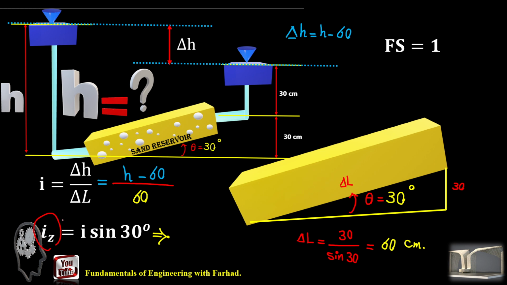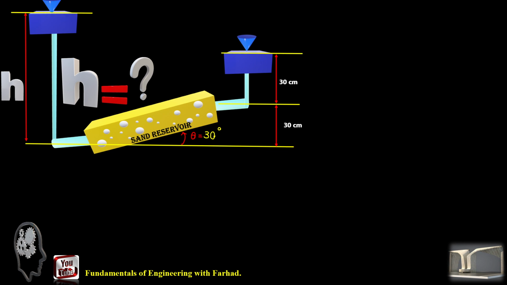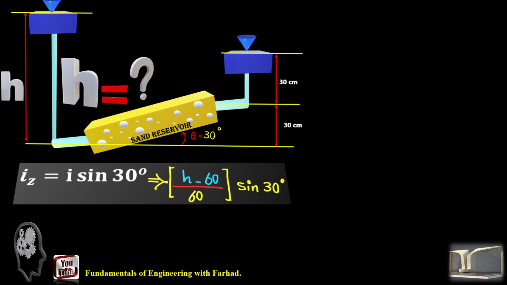To be more accurate, we are using the upward i, which is i sub z, and that's i sine of 30 degrees. So replace the equation for i and multiply it by sine of 30 to give you i sub z. As soon as we have this part, we can move to the next part. So our i sub z is i sine of 30.